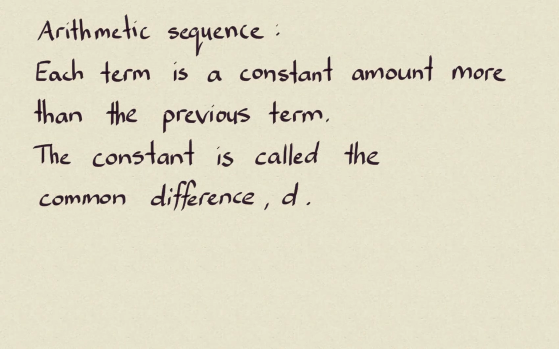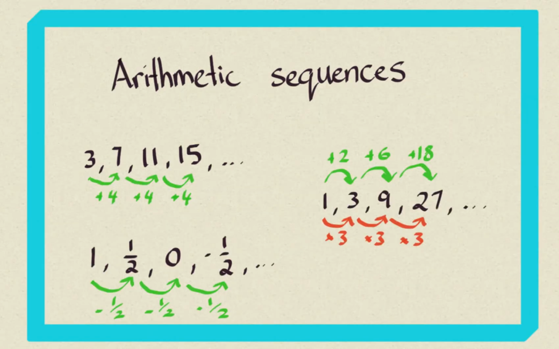So if we were to go back to those first few sequences that we were looking at, the 2 arithmetic sequences here on the left, we would say that D, the common difference, is 4 for this first sequence, and that it is negative 1/2 for this third sequence. And it doesn't apply to this because it's not an arithmetic sequence.